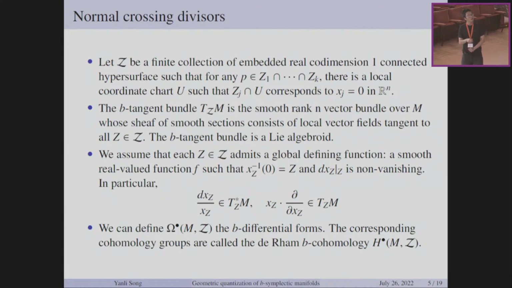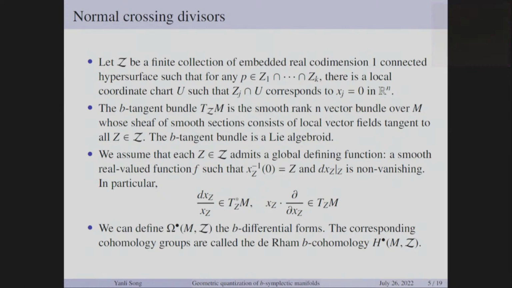Transverse in the sense that for any point at the intersection of several hypersurfaces, you can always choose a small neighborhood of that point such that each hypersurface corresponds to x_j equal to 0.